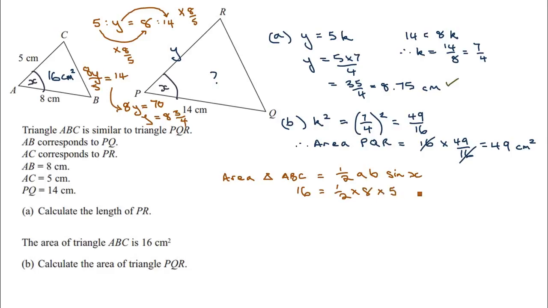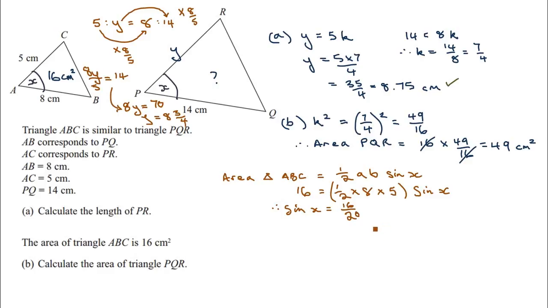All of that is multiplied by sine X, which means that sine X must be 16 divided by this. Well, what's this? Half of 8 is 4, times 5 is 20, so sine of X must be 16 divided by 20.